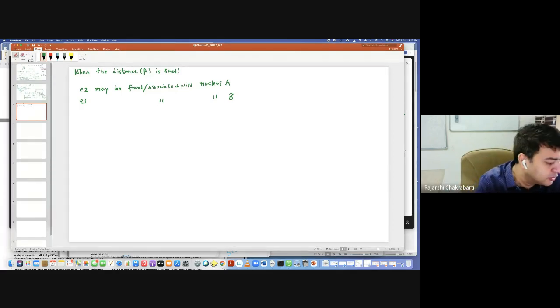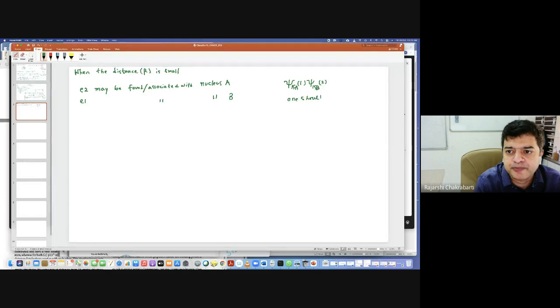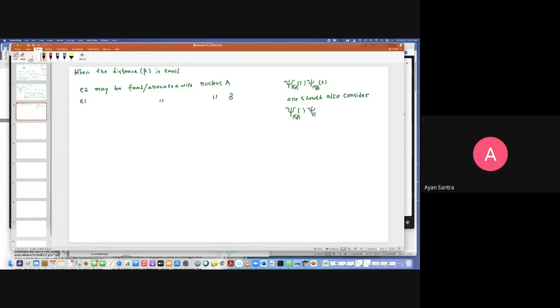What does it mean? It basically means that you cannot take only this. One should also consider, can anyone tell me what that is? If electron 2 is associated with nucleus A, then I should have here 1s2, and 1s1.